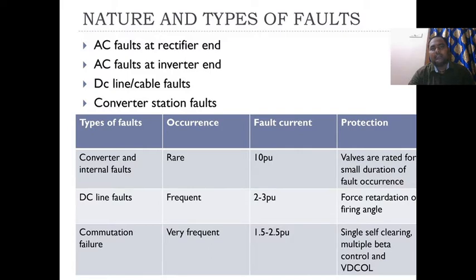Some faults are self-clearing and some are non-self-clearing. Very severe faults are non-self-clearing faults. For that protection we need a lot of equipment.